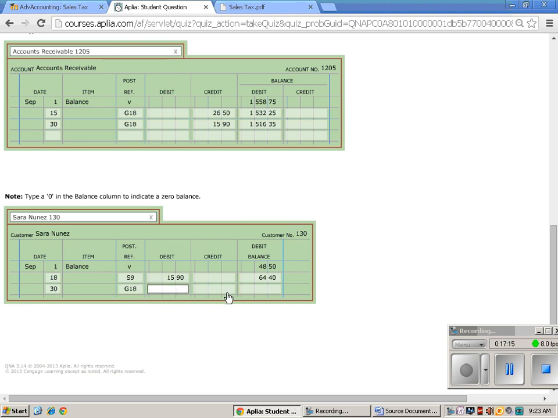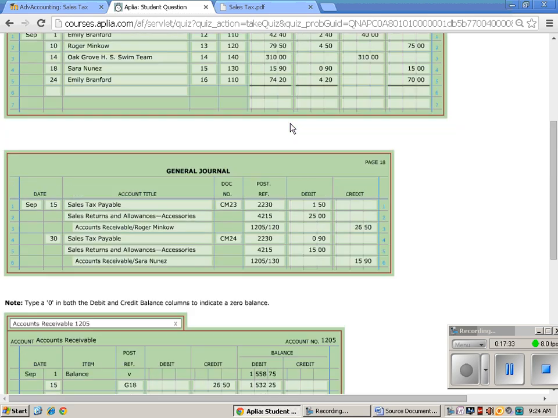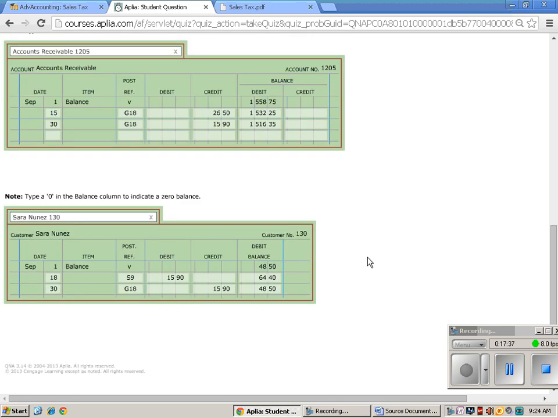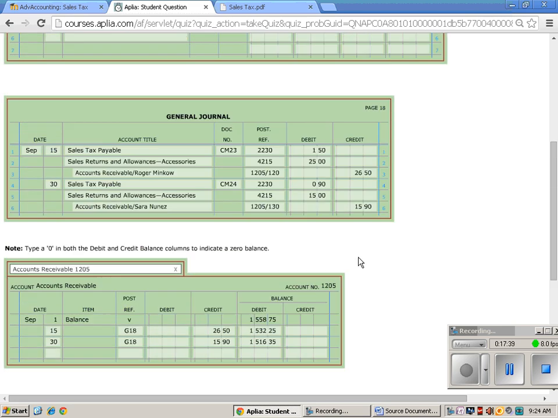And she returned it all, the credit of $15.90. So she did owe us $64.40. She doesn't want that towel anymore, it's defective. She goes back to owing us $48.50. All right, customer number we already put up here in the 130. So we've done it, we posted everything individually. So we're good for there.